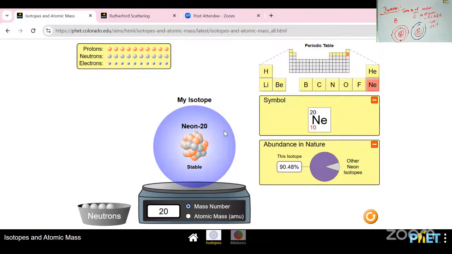And neon 20 is the isotope with mass number 20 and atomic number 10. The abundance is 90.48 percent. So I think isotopes and unstable positions are clear with the help of the simulation.